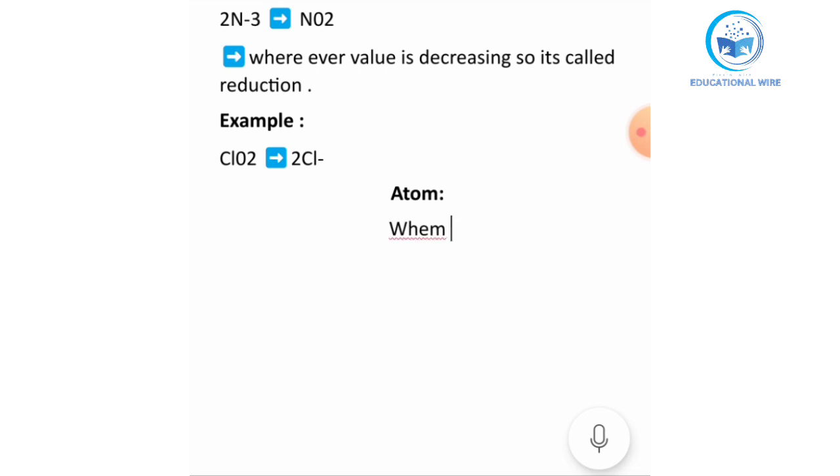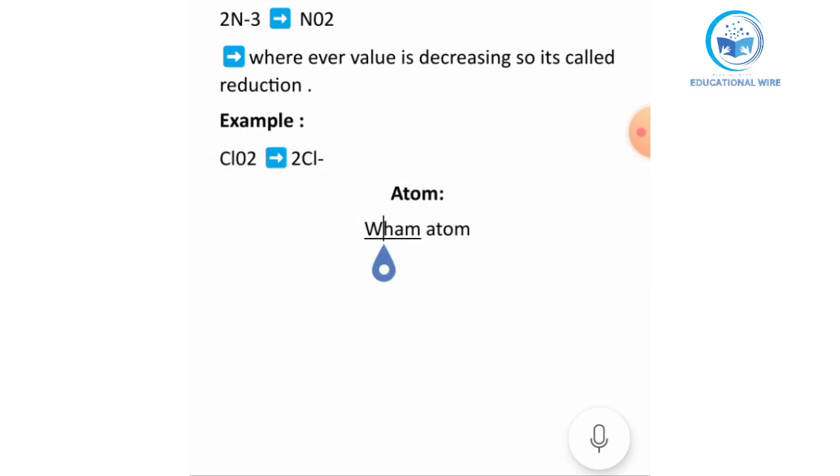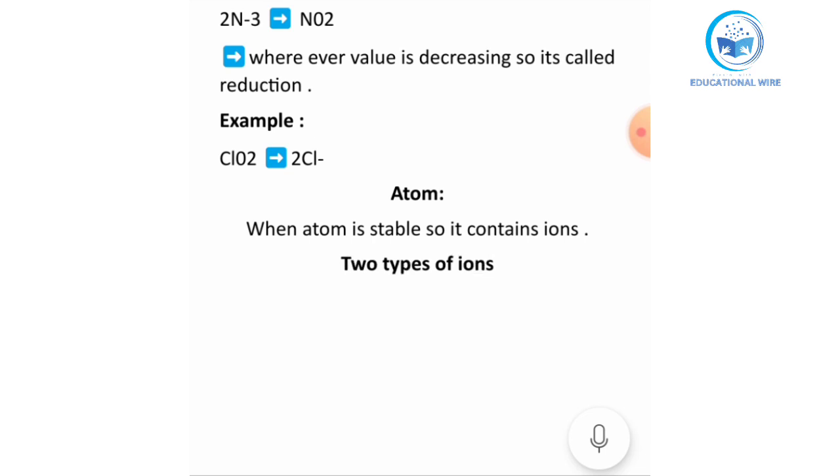When an atom is stable, it contains ions. Which types of ions? Two types of ions.